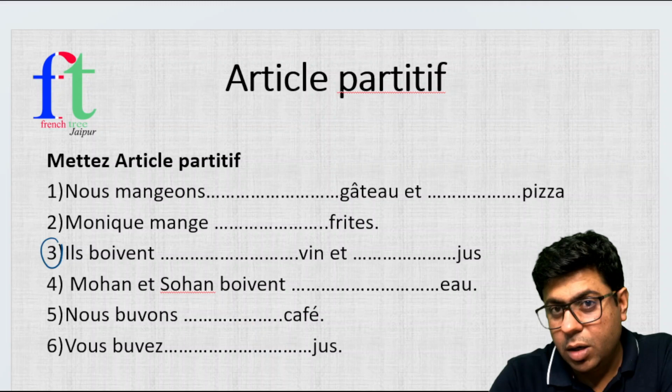Yes, it's masculine and singular. What was the gender of jus? Same, masculine, singular. So here we are going to use what? The same, du. We are not concentrating on the subject. We are working on the gender of the noun. Du and also du.